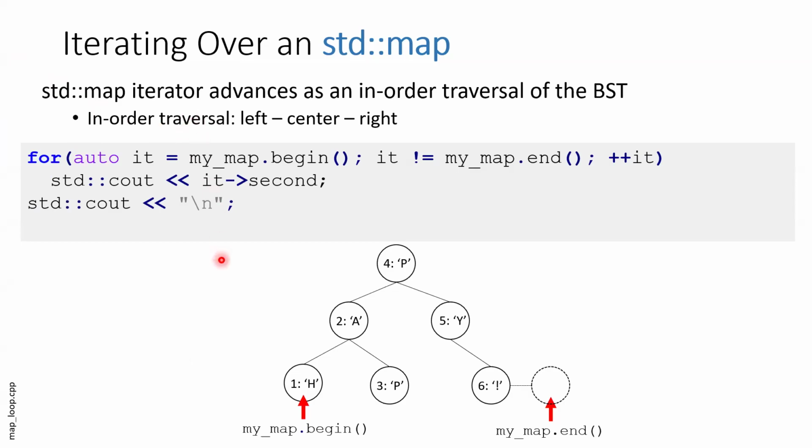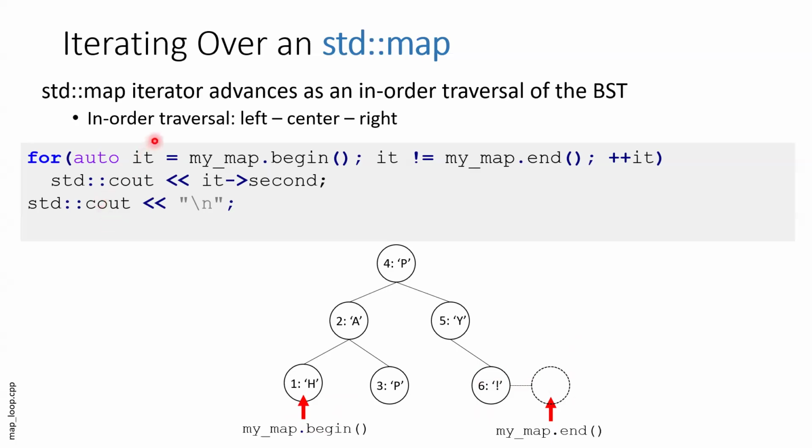So my_map.begin will point to the first element, the leftmost element that is the smallest in the binary search tree. And my_map.end is pointing to one past the rightmost element, which is the largest.